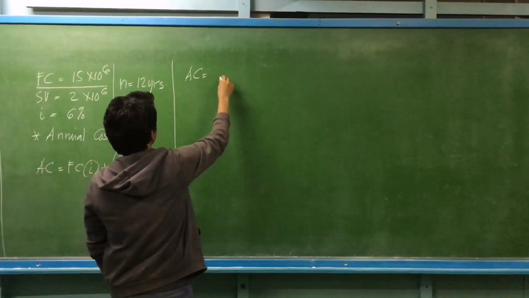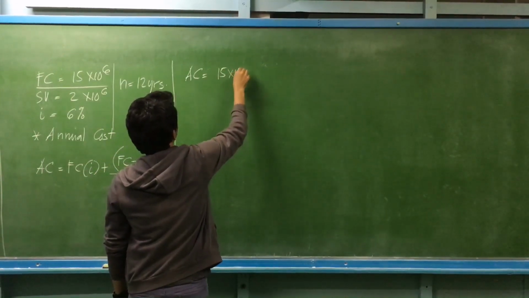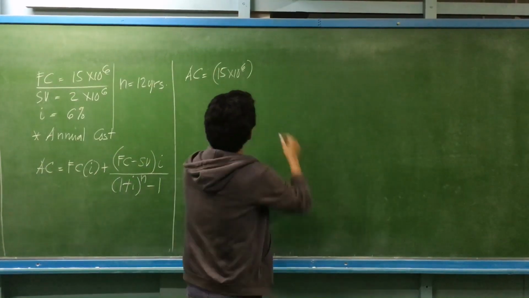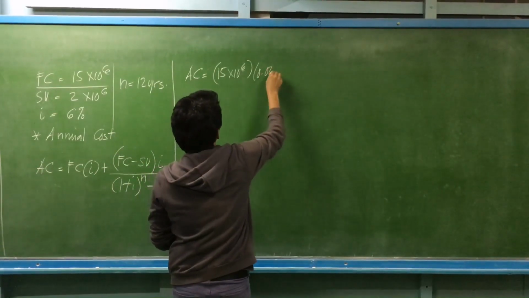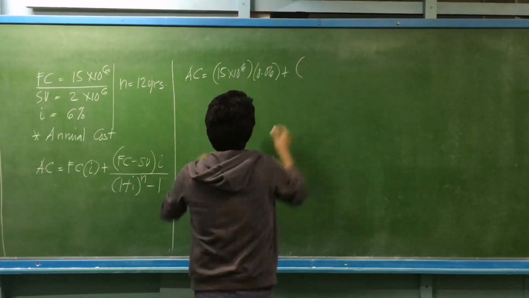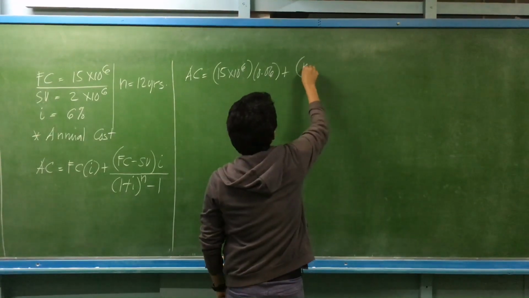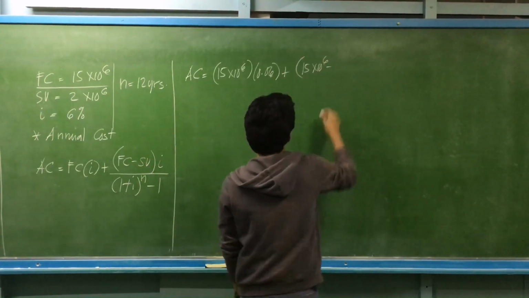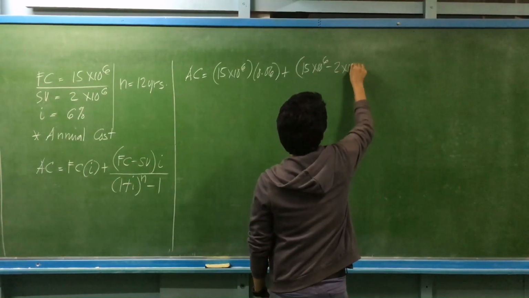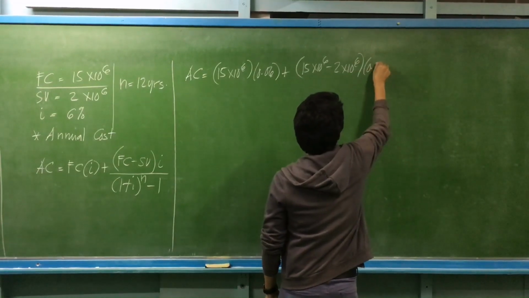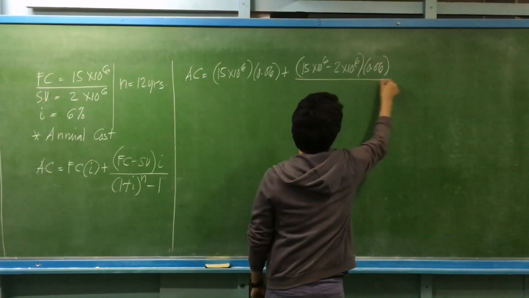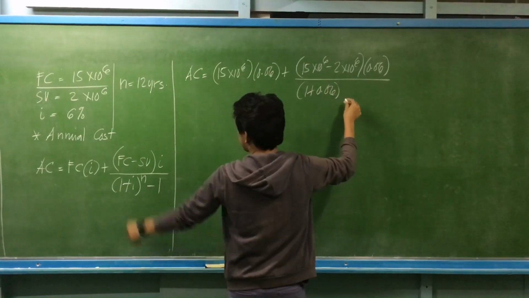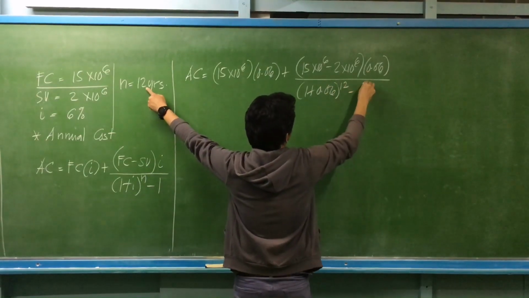Okay, we have the first cost. This is 15 million. 15 times 10 raised to 6 multiplied by the annual rate. We have 0.06 plus. We have first cost. That is 15 million minus the salvage value. This is 2 million. Okay, multiplied by the rate 0.06. This is divided by 1 plus 0.06, good for 12 years, minus 1.